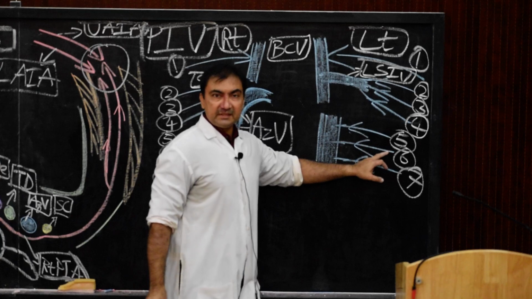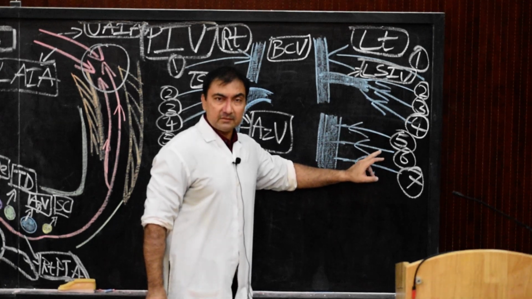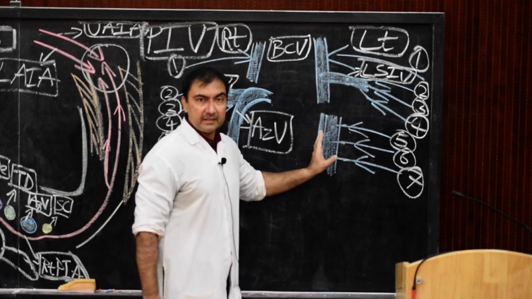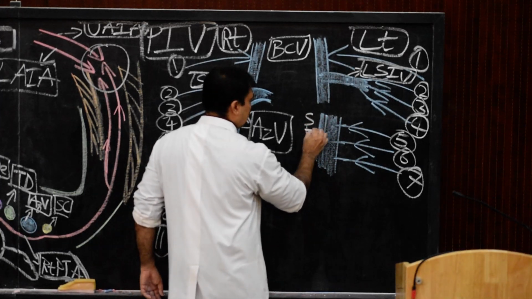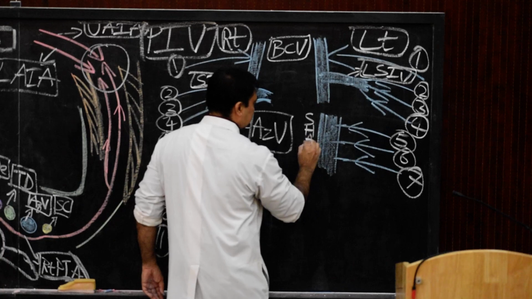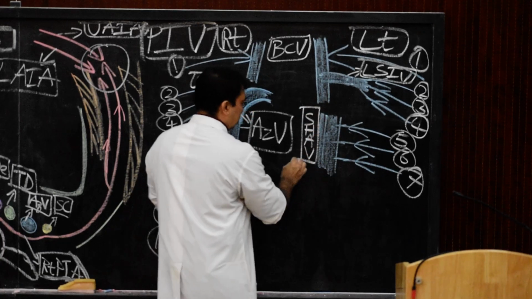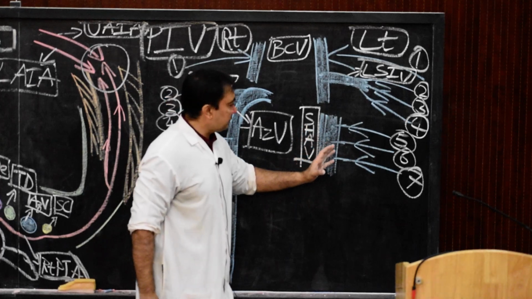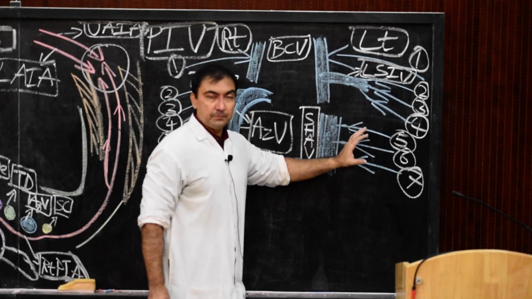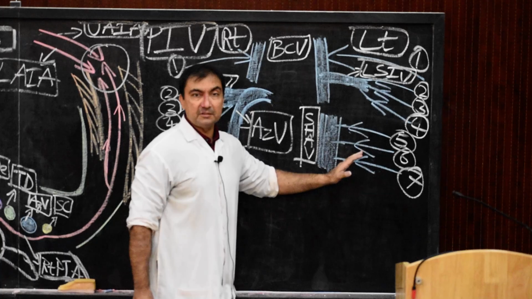The left 5th, 6th and 7th posterior intercostal veins will drain into the superior hemiazygous vein. So here I will mention this as superior hemiazygous vein. It will receive the drainage of the left side 5th, 6th and 7th posterior intercostal veins.